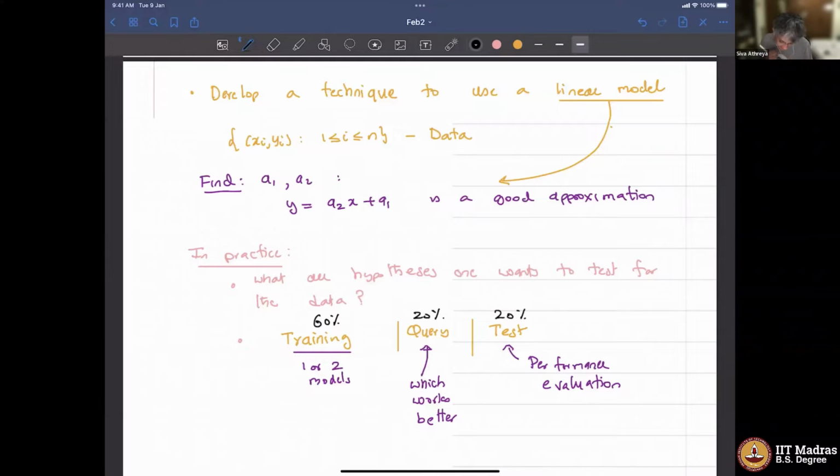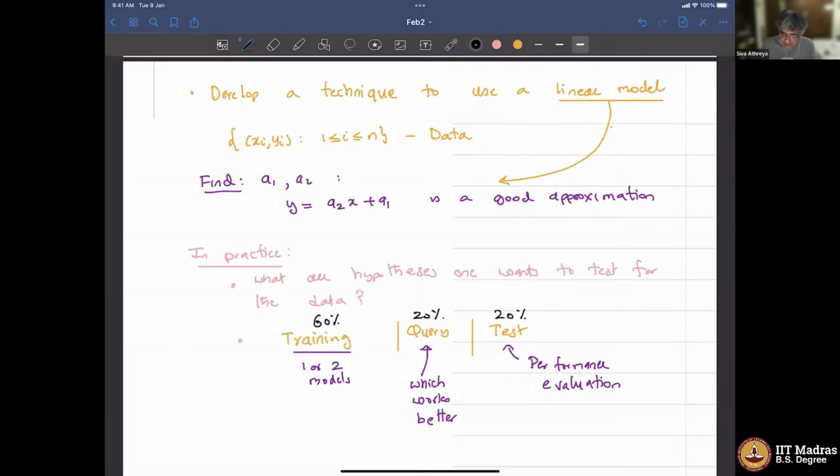I hope I got the math right. That's 60, 20, 20 is 100. Very good. But of course, you must not change from train to query, and you can't change the model after you go to query. It is very important to keep exploration, fitting, and prediction separate. You can't mix the data sets.